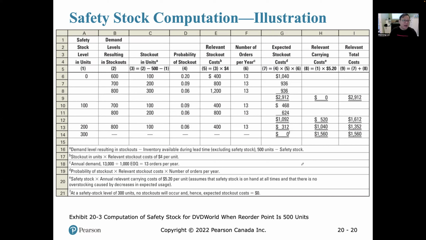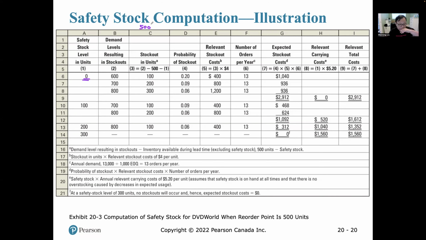Okay, so this is the scenario. Suppose column A is the safety stock level. Suppose I don't have any buffer, it's 0. Normally the demand is 500 units, so that's the normal sales demand.